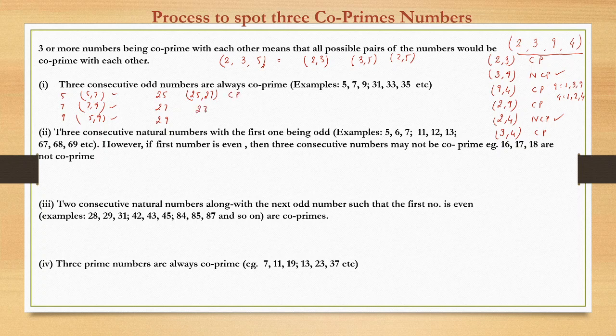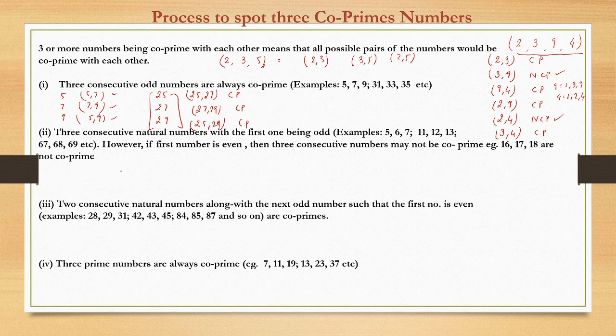Then 27 comma 29, are they co-prime? Yes, HCF is here also 1. And then 25 comma 29, here also HCF would be 1, so co-prime. So these three pairs are co-prime. Therefore this triplet is a co-prime triplet. So you can keep in mind that three consecutive odd numbers are always co-prime.